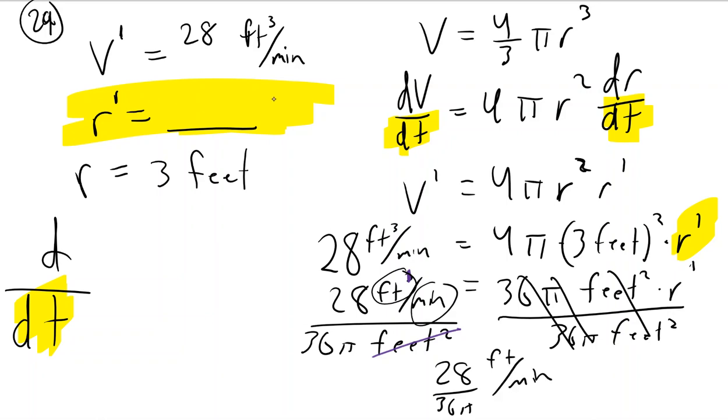And then when I think about what I'm trying to find, radius would be a length. The rate of change of radius should be a length per an amount of time. Now, of course, I can reduce that fraction, but I would start to compare answers.